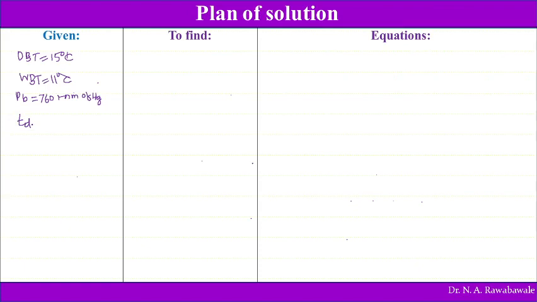So this dry bulb temperature is TD1. The dry bulb temperature of air is 15 degrees Celsius at inlet, whereas the heating coil temperature is 41 degrees Celsius.